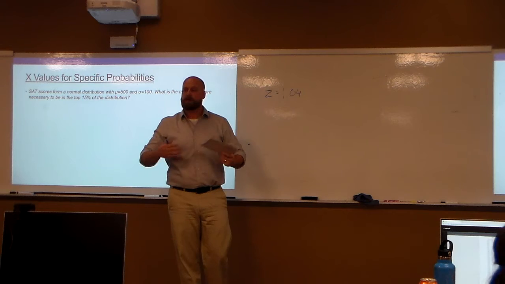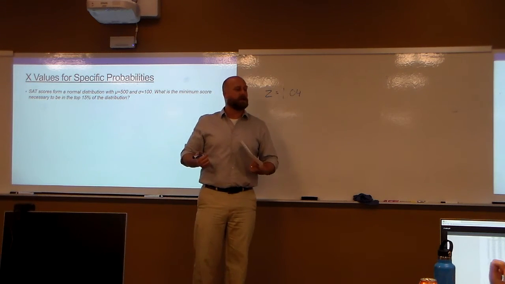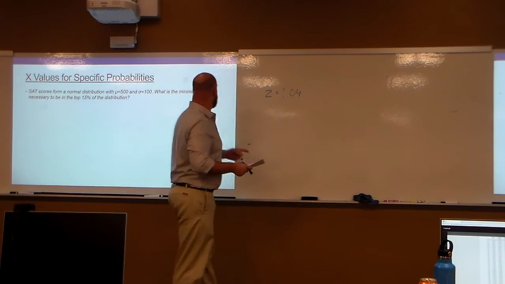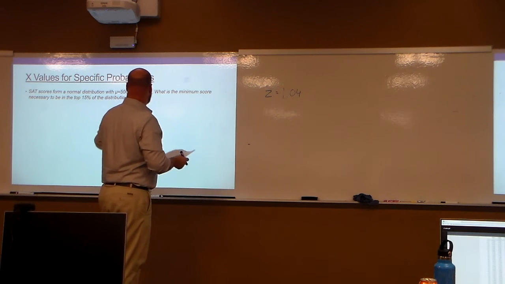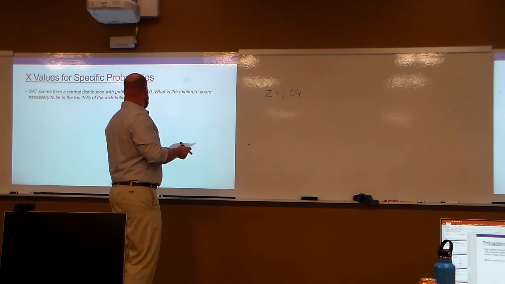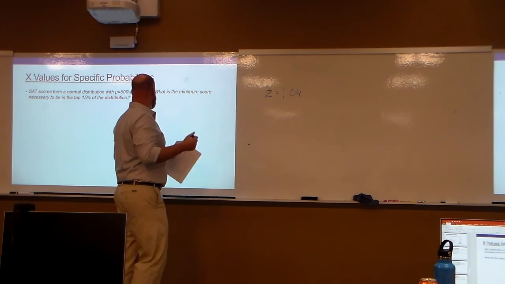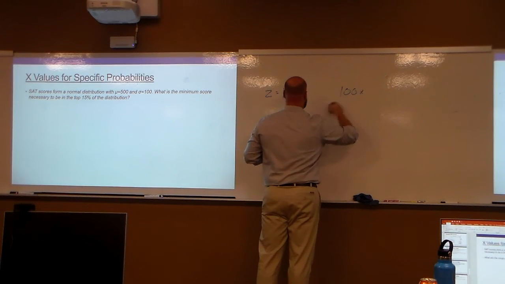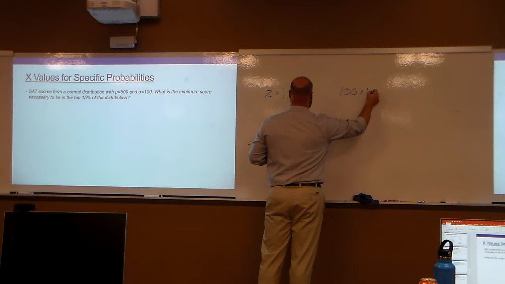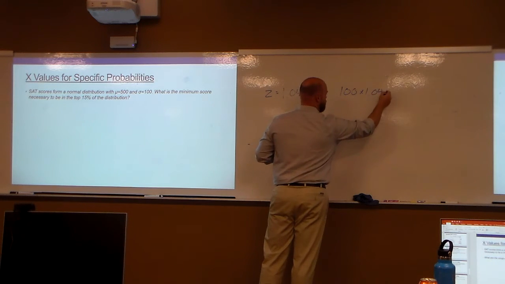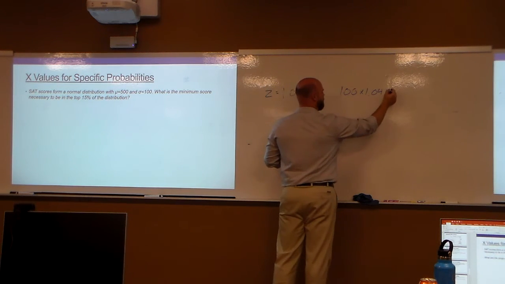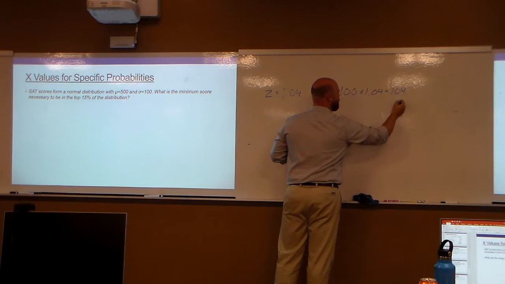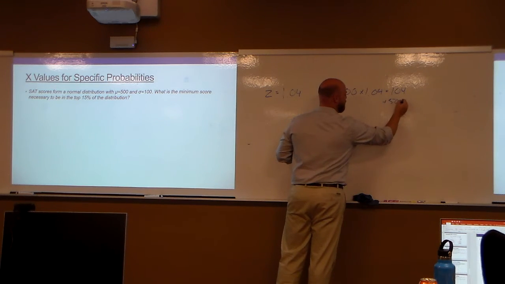Anytime we're talking about z-scores, we're talking about standard deviation units, right? So if I know the standard deviation of this distribution is 100, I can take 100 times the number of standard deviation units, 1.04, which gives me 104, plus 500.